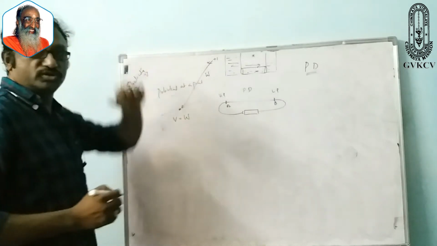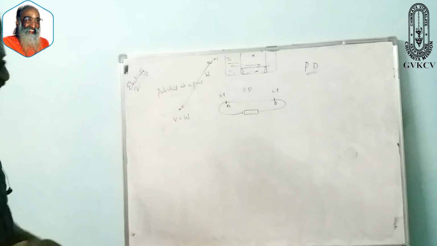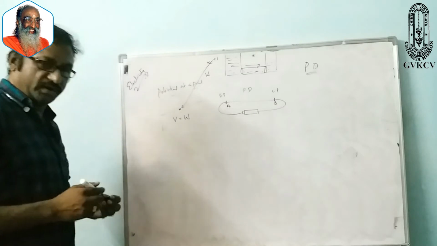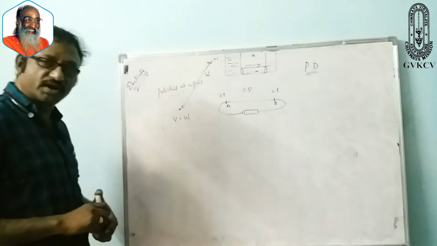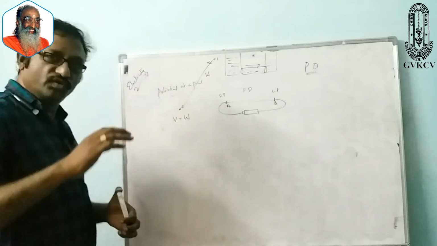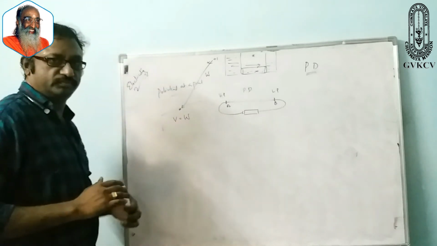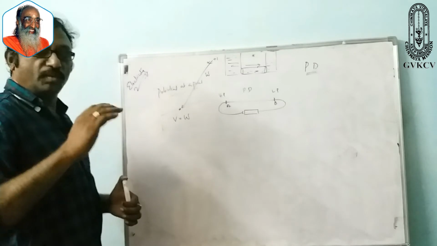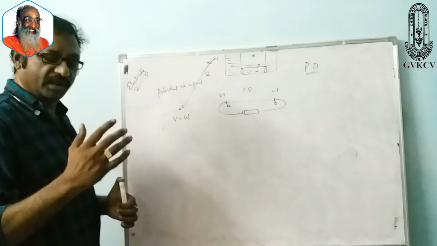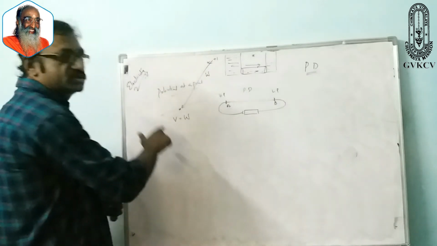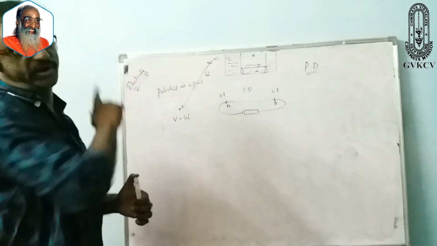V is equal to W. So now we understood what the potential at a point is. It is the amount of work done in bringing a unit positive charge from infinity to that point. Repeating once again, the amount of work done in bringing a unit positive charge from infinity to this point is the potential at that point.